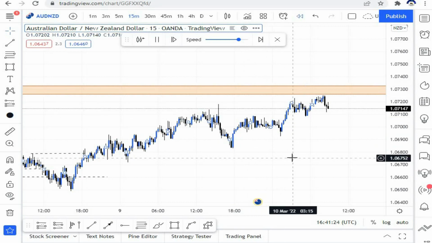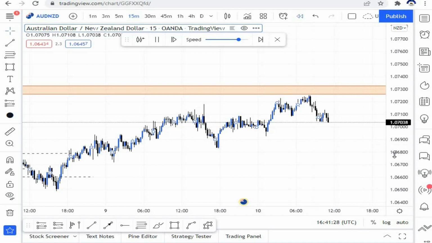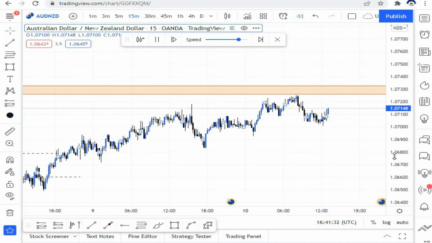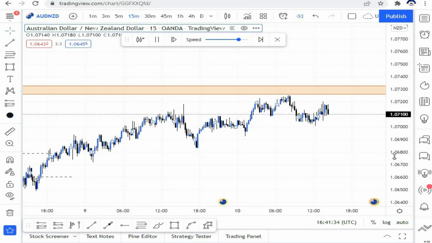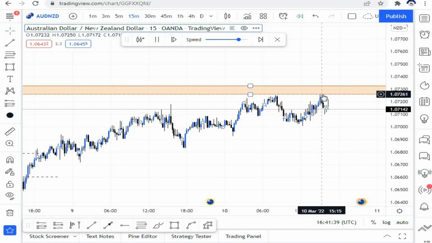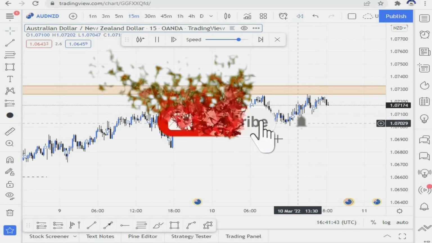Okay, let's see. Let's see. Okay, now price is going into our supply zone. Now it's getting interesting, right? So let's see.